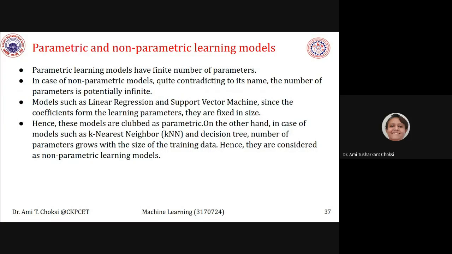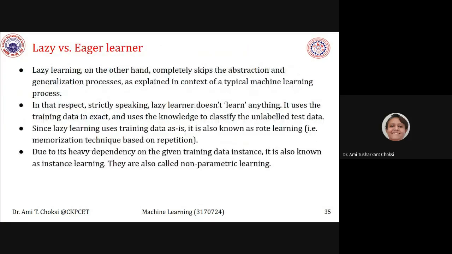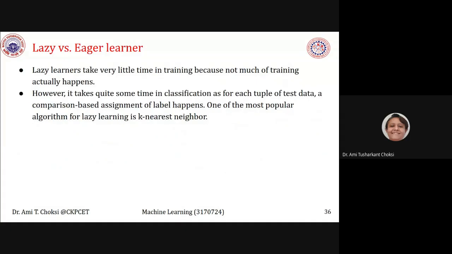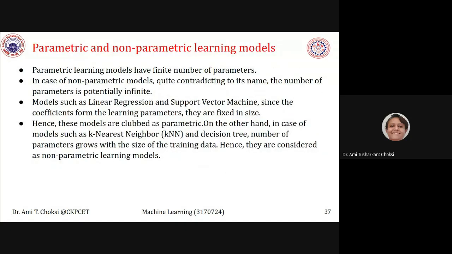Now we have talked about how the lazy learner is non-parametric learning. So we would like to know about parametric and non-parametric learning models. Parametric learning models have a finite number of parameters. In the case of non-parametric models, quite contradicting to the name, the number of parameters is potentially infinite.